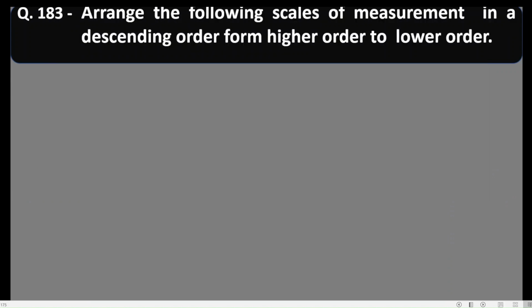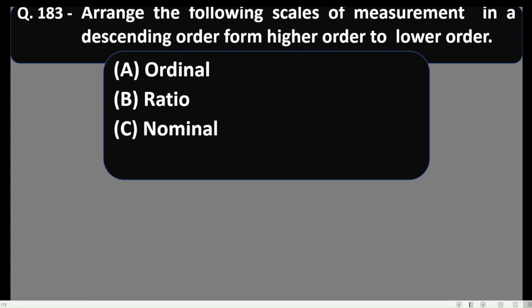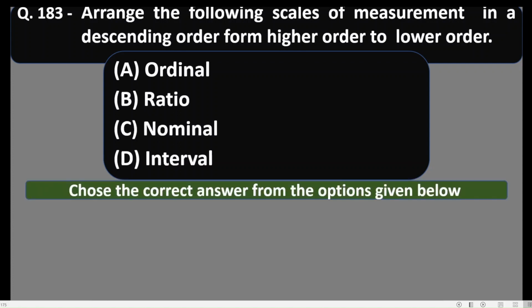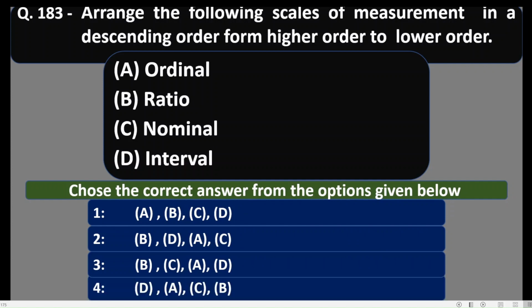Arrange the following scales of measurement in a descending order from higher order to lower order. Question number 183. Scales of measurement are given and we have to arrange them from higher to lower level. 4 scales are there and let us see the options. These options are there. Without seeing the option, let us see.